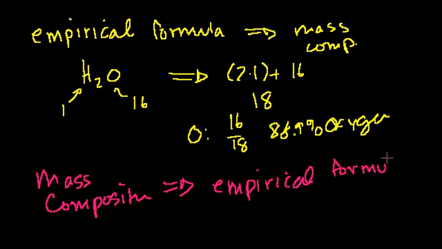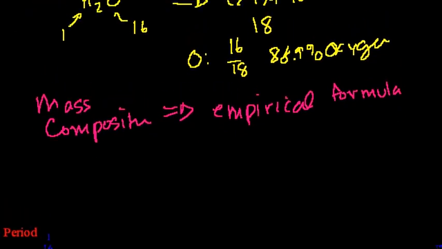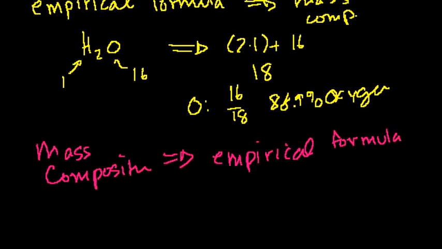So back to the empirical formula. Let's do some exercises here to see if we can get someplace. Let's say I am told that I have a bag of stuff, and 75% of that bag is mercury, Hg.